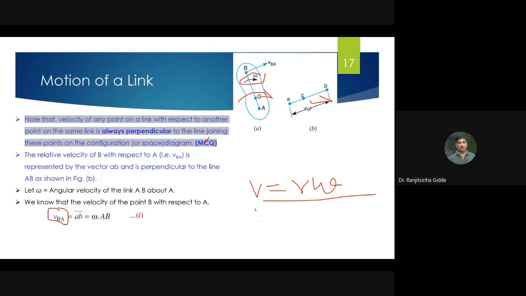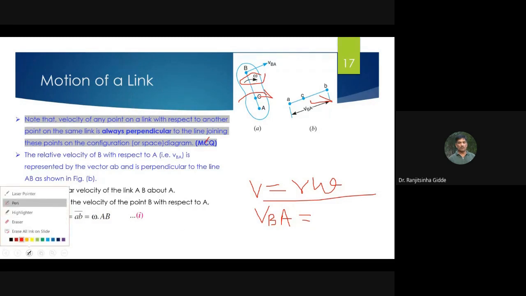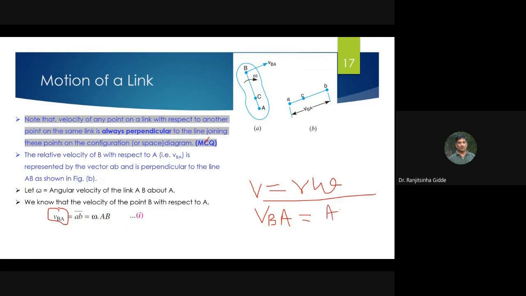So VBA is equal to, what is the radius? So that we are going to consider this AB, so that we are going to write here AB into omega.